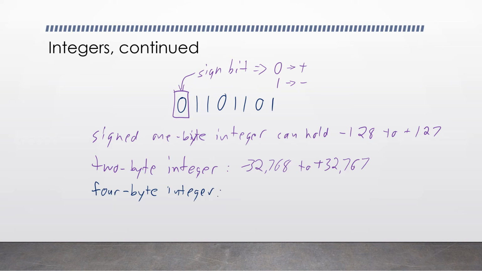When you use the int type in C++, this is what you're typically going to get these days: a 4-byte integer which holds negative 2 billion to positive 2 billion. I think you'll agree that's a pretty useful range.